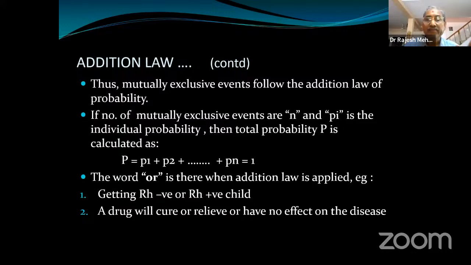If there are 10, then p1, p2, p3, up to p10. This is how we make a total and make it 1. And here, in addition law, the person is having RH negative or RH positive. So RH negative or RH positive, total will be 100%.